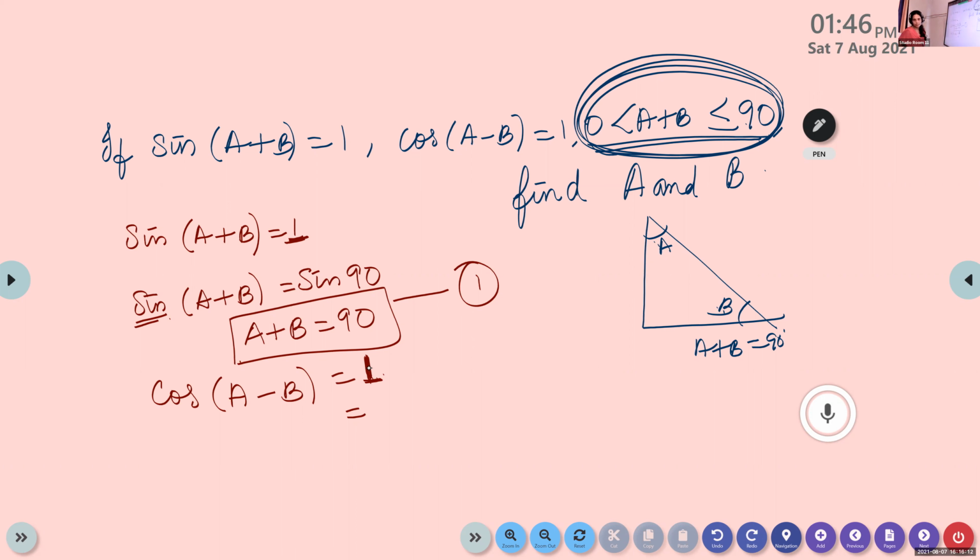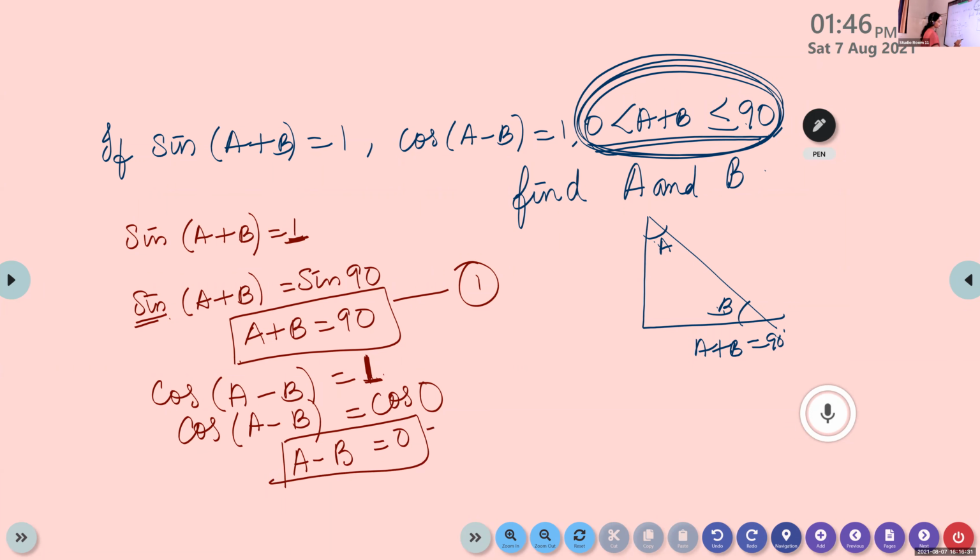Cos 0 is 1. So cos of a minus b is cos 0. When we equate this, a minus b is 0. This is our second equation. Is it okay?